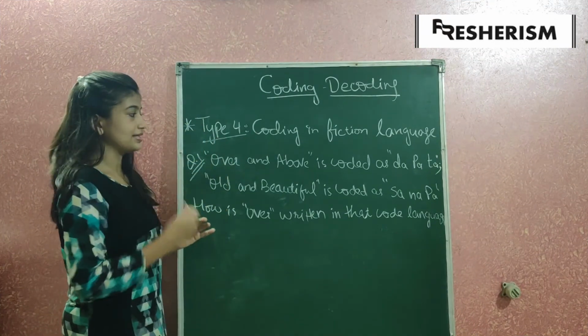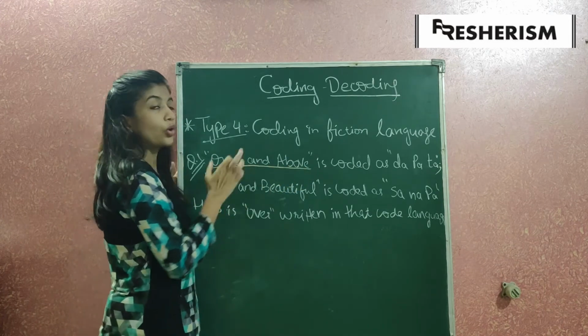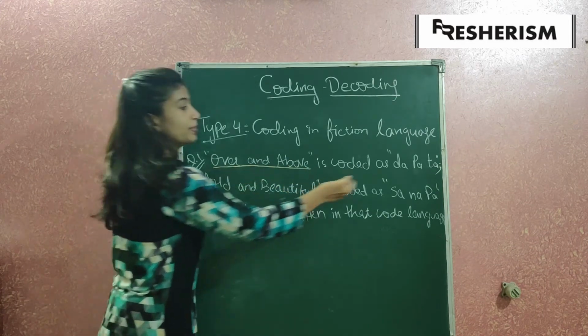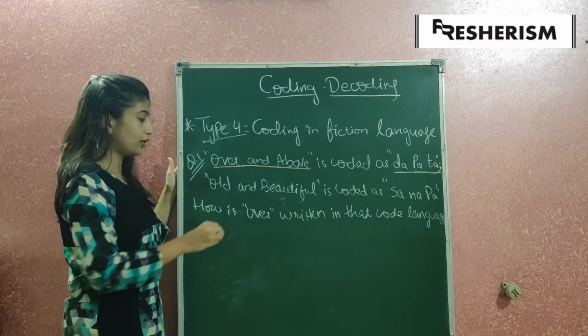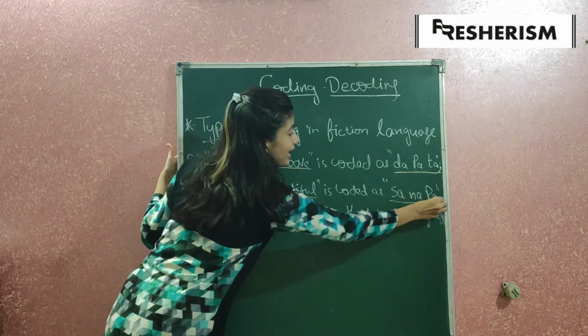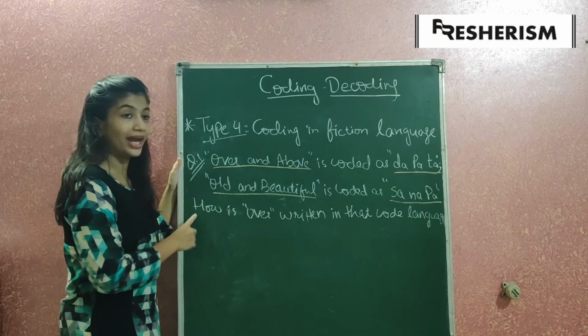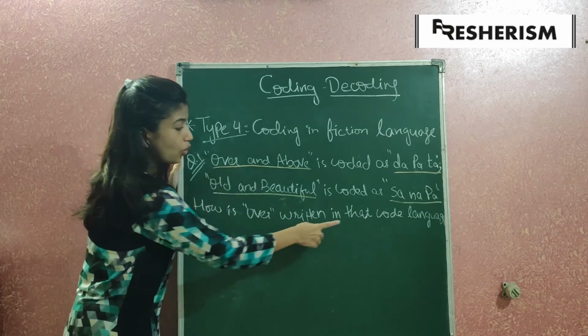The question says that the code for over and above is DAPATA, and the code for old and beautiful is SANAPA. We have to find the code for the word over.